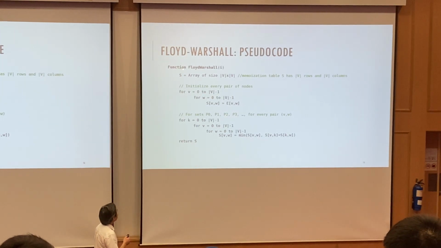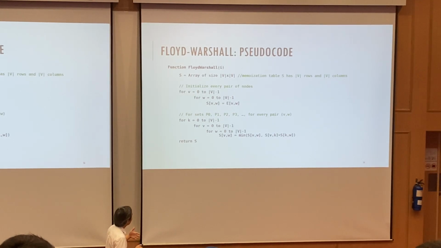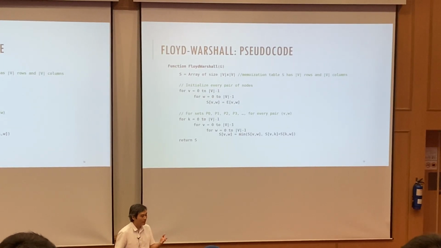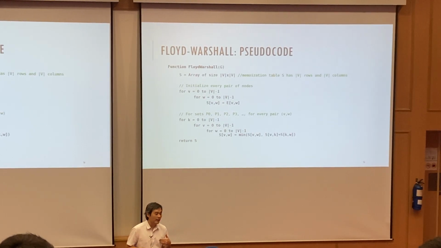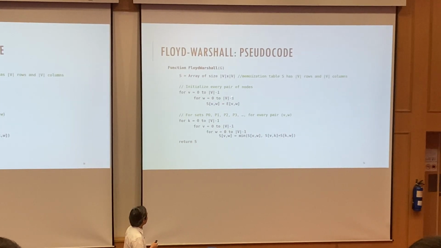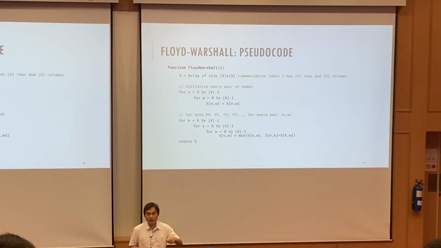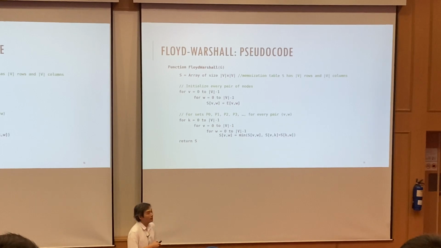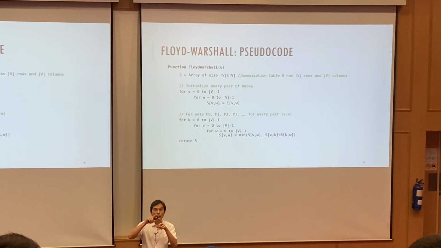First you initialize your S, which is an array of size b times b, the number of nodes times the number of nodes. Then you do your initialization: you set your direct edges, if any. And then you loop through from 0 to b minus 1, because you're adding each node to the set P. For each one, we have to go through our entire matrix.